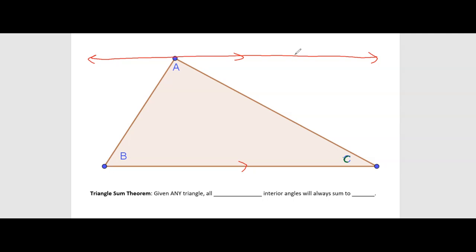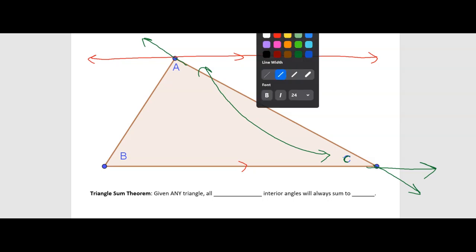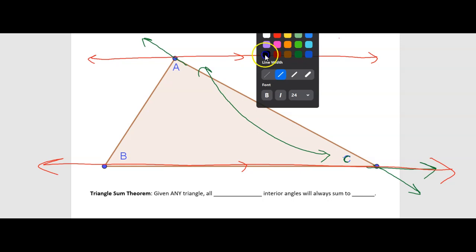If I extend these segments, which I'm allowed to do, well, C and this angle up here are both on the inside of the parallel lines, right? If I look at my parallel lines in red, they're both on the inside, and they are on opposite sides of the transversal, which I'll just re-sketch in black.